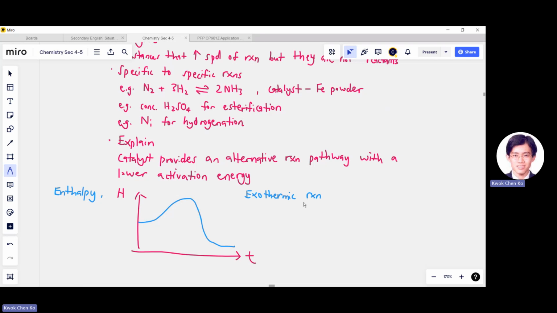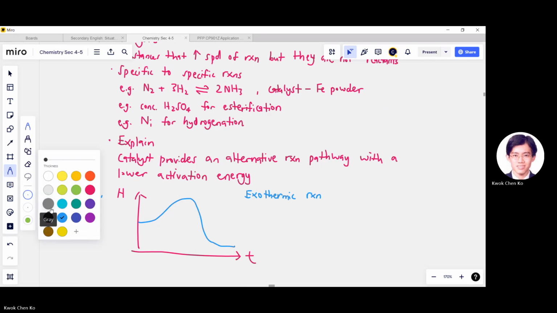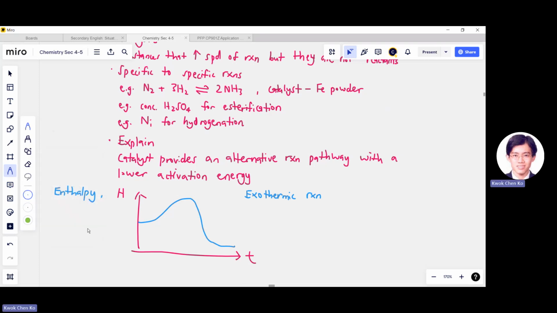Come, in your own diagram, label the activation energy. Where is it? Are you sure? Where's the activation energy? Yes, it's up.